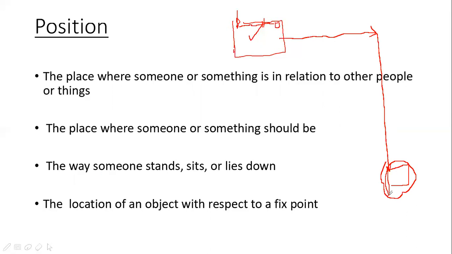You can take any fixed point, and if you specify that an object A is lying at 2 meter towards north, towards east, or at 30 degree, anything, with respect to point O or any other point you fix, that is the position. In easy words, the location of an object with respect to a fixed point.